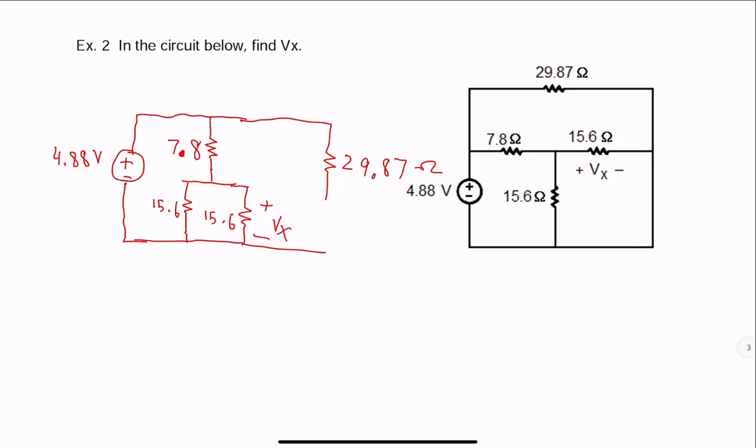So that comes right here. 15.6 parallel 15.6 results in 7.8 ohms.